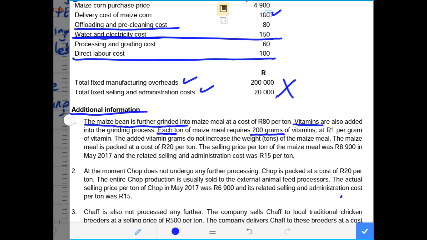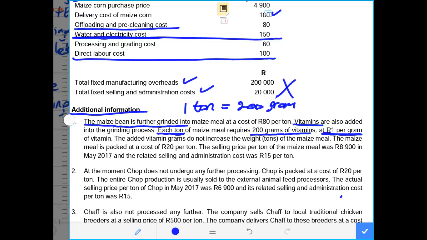They say each ton, meaning 1 ton is equal to 200 grams. That's what they are telling us. Then the question, how much is the cost of 200 grams of vitamins at a cost of 1 Rand per gram. So now it's a cost of 1 Rand per gram, not per ton.